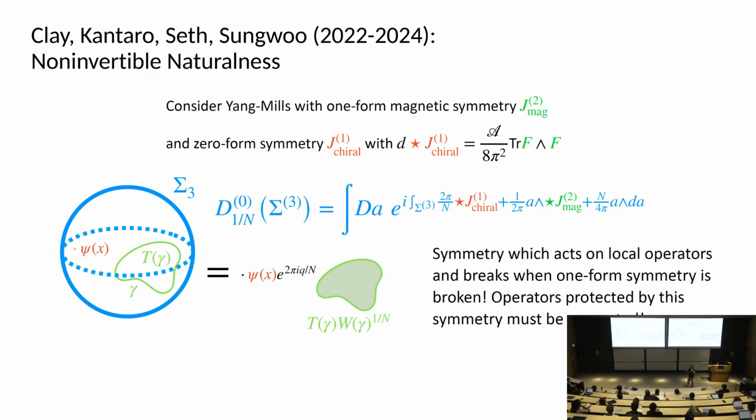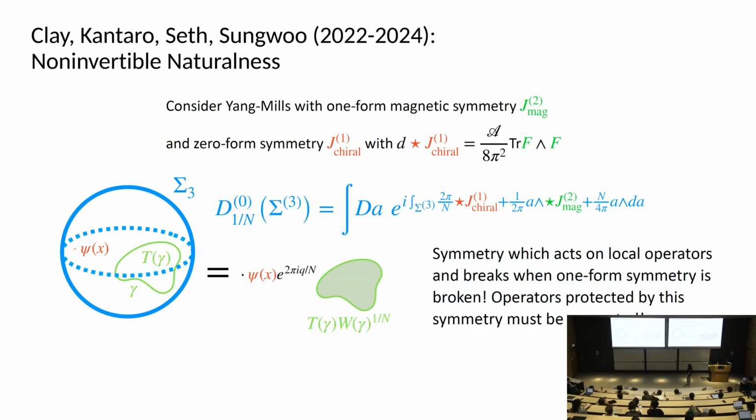None of the technical details are going to matter here. Just schematically, they act on the Wilson lines roughly by putting them into dyons, giving them a small dyonic charge. But the point is, now that we have the symmetry defect operator that acts both on local operators and on the Wilson lines, that this symmetry must break when we go to the UV and we see dynamical magnetic monopoles in our theory.